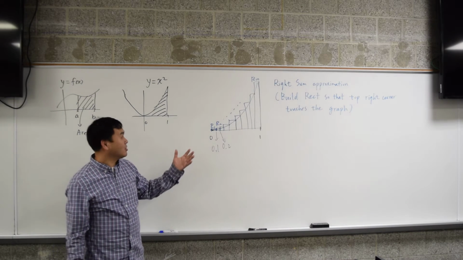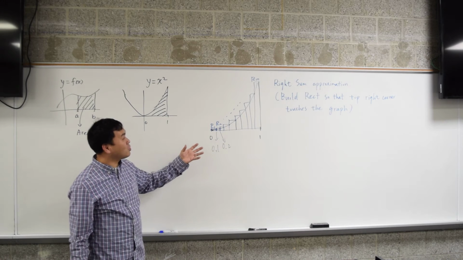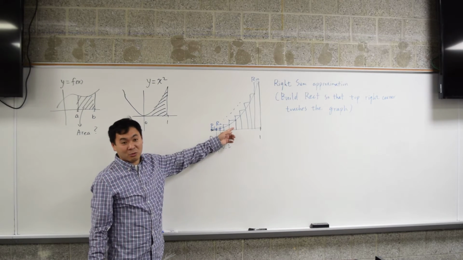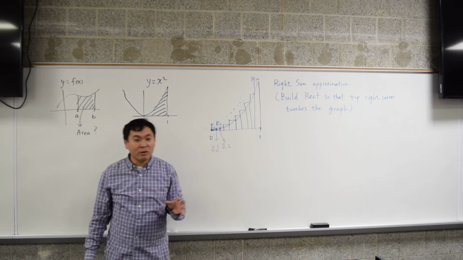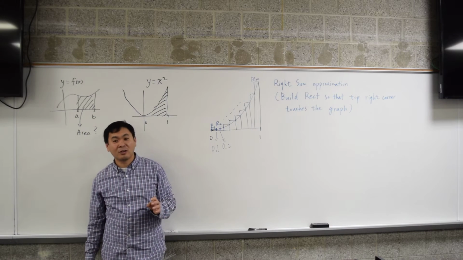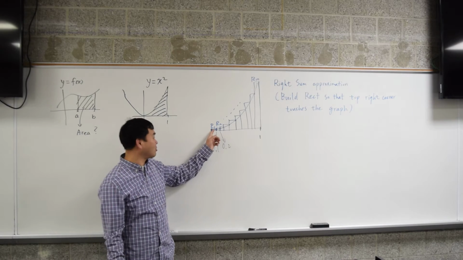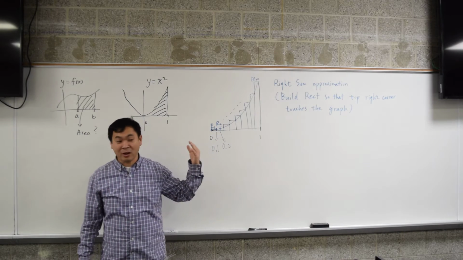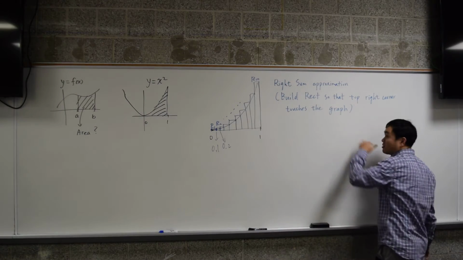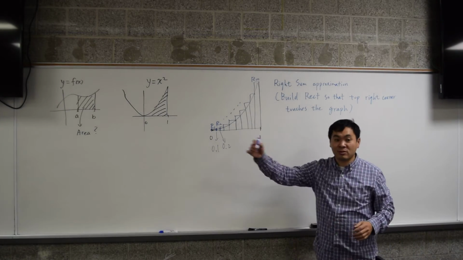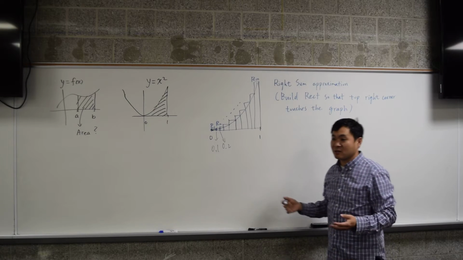We'll get something that's close to the area of the real thing, right? Now, would that result be an overestimate or underestimate? Over. It would be an overestimate because there are several things sticking outside the area, right? So we see that the right sum in the case where the graph is increasing will be an overestimate.